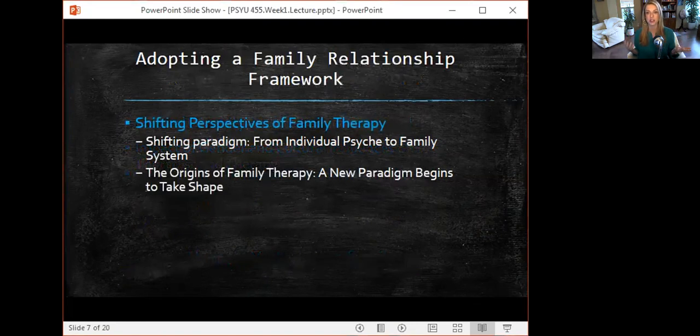This paradigm shift calls for a systemic epistemology in which feedback mechanisms, or feedback loops, are seen to operate to produce both stability and change within a family. When we look at those feedback loops, that's how we begin to understand how we as therapists can intervene in processes that are not working for families.